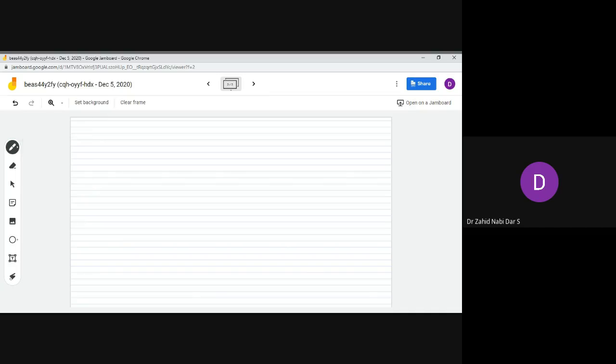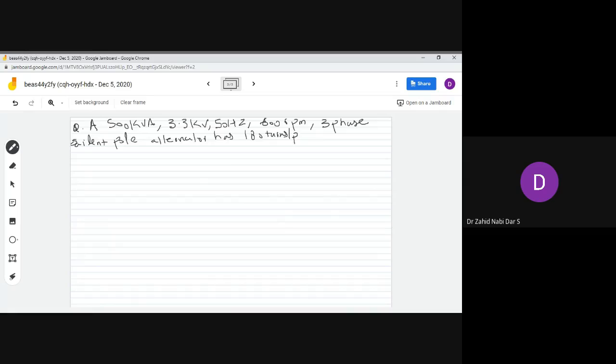The question is: a 500 kVA, 3.3 kV, 50 hertz, 600 rpm, three phase salient pole alternator has 180 turns per phase.